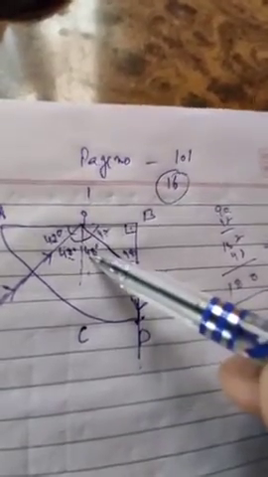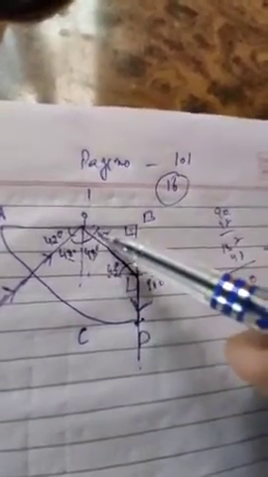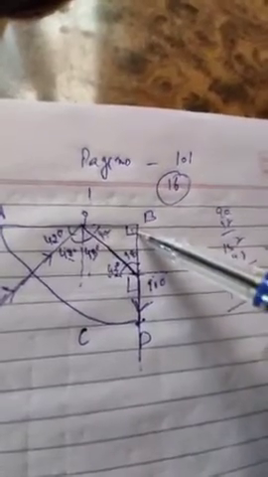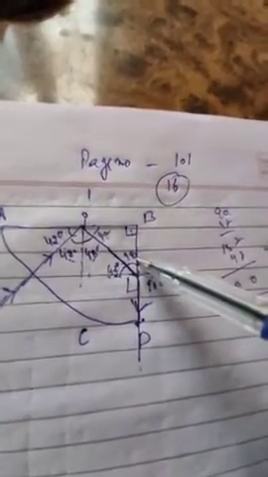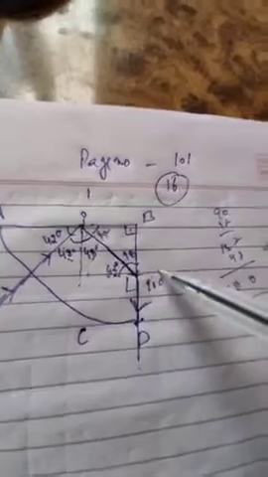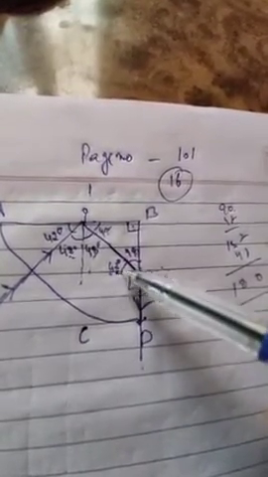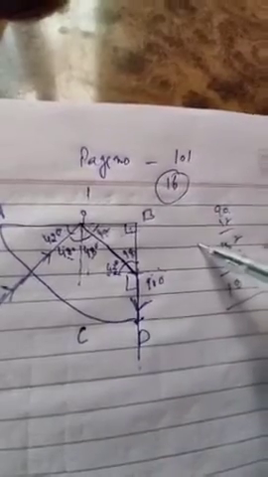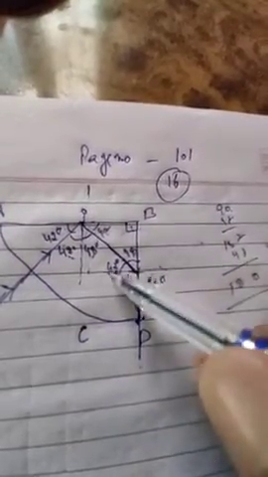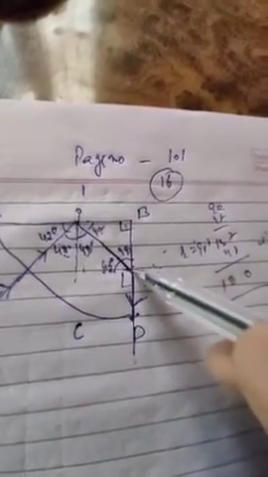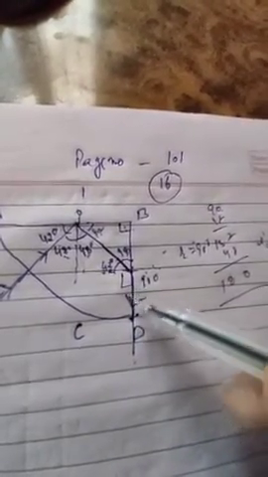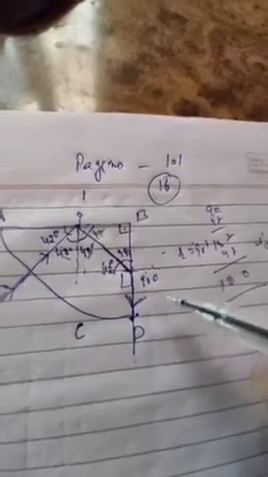So this is 42. If this angle is 42, it means this angle is 42. This angle is 90. This angle is 48. So since this is a normal, if this angle is 48, it means this angle is 42. So 42 is the critical angle. So when the critical angle is 42, the angle of refraction is 90 degrees. So this ray will get refracted at the angle of 90 degrees.